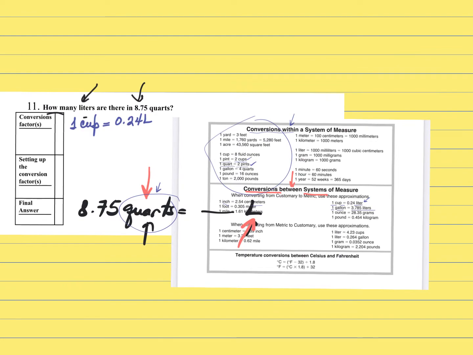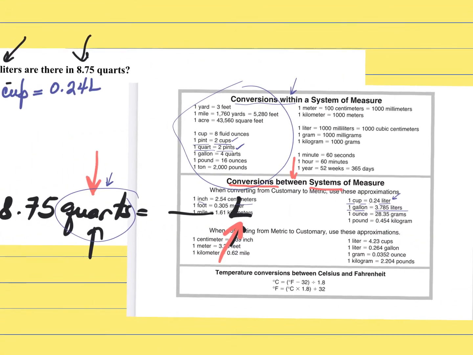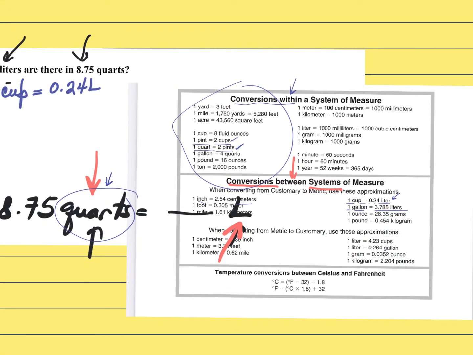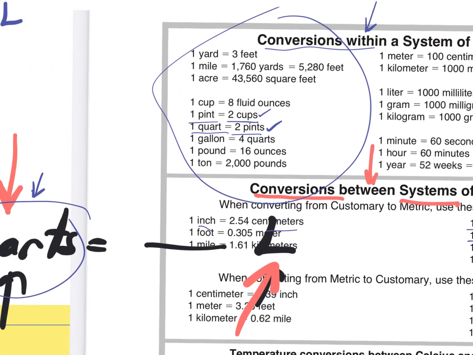Within the system, you need to look for conversion factors that relate whatever you have at the beginning, which is quarts, with the conversion factor that you were using to go from one system to the other. So I'm going to use that.